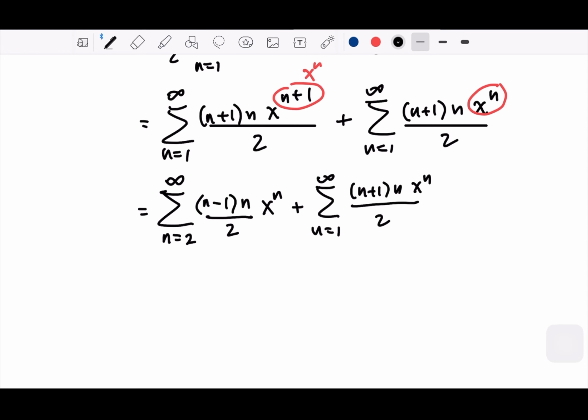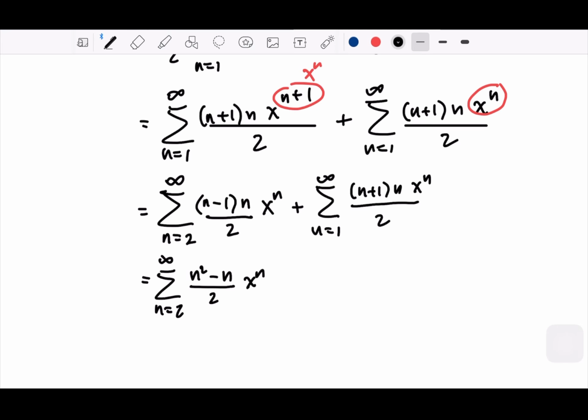Okay. Now next we are going to combine both of these, but to combine them we need to make sure that this n equals 1 becomes 2 also, right? So let's do that. So write the same sum, maybe just (n squared minus n) over 2 x to the power of n.